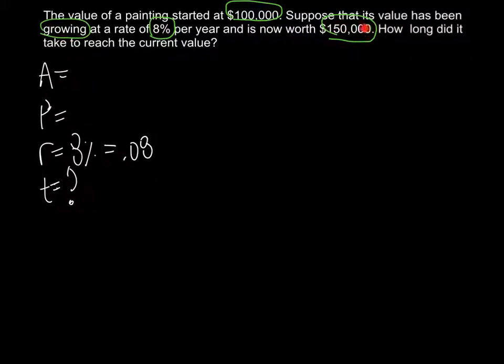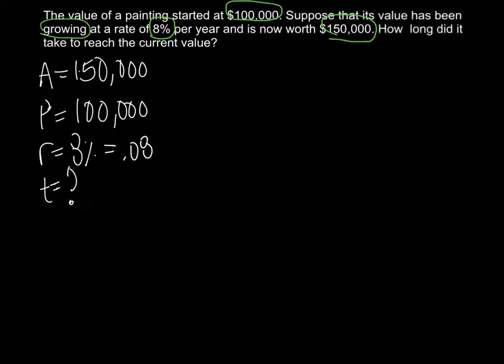That would be your ending amount. So the starting one is going to be 100,000 here, and we've got 150,000, which is your ending amount.